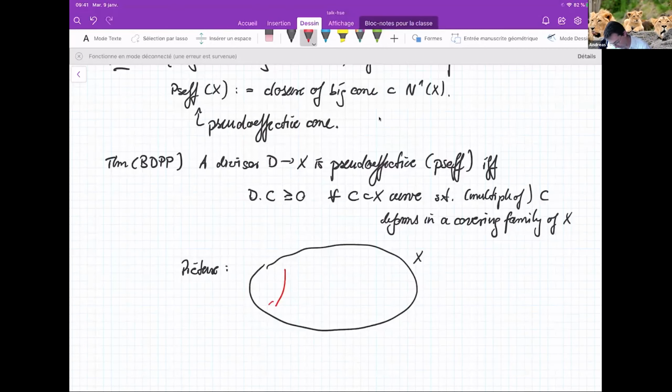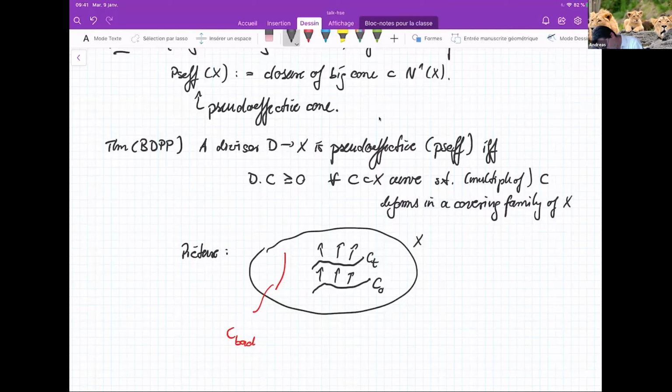But if you look at a curve C which is not alone, but you can deform it in your manifold in a family which eventually will cover a Zariski open subset, curves which are not too special, then you will have a non-negative intersection.